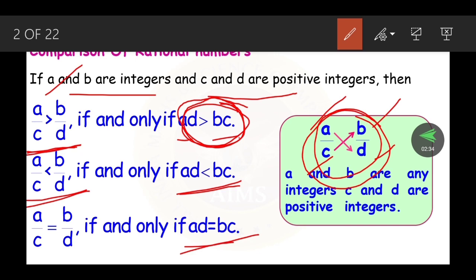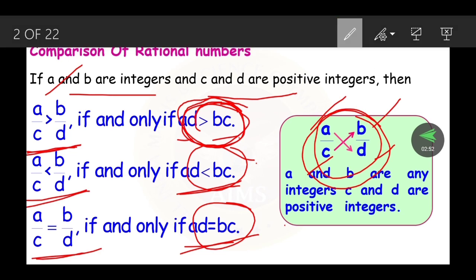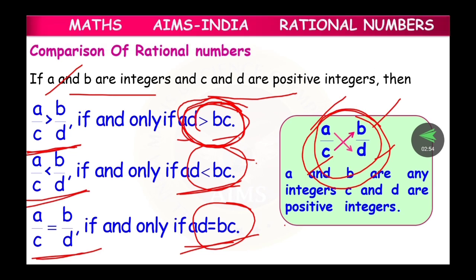If ad equals bc, then a by c is equal to b by d. Means after cross multiplying, the way the products behave, the rational numbers also behave in the same way. Like this, in method 2 we can compare the given rational numbers.